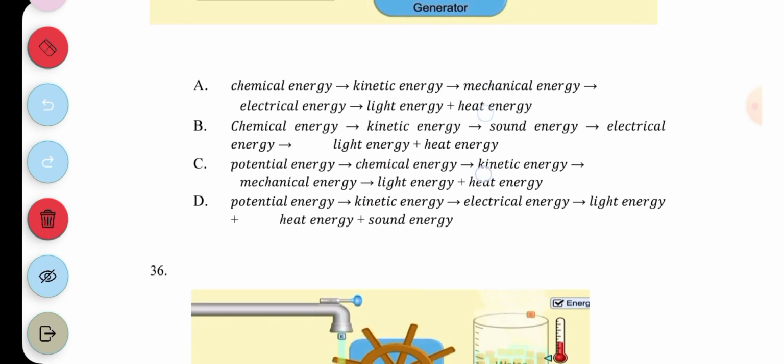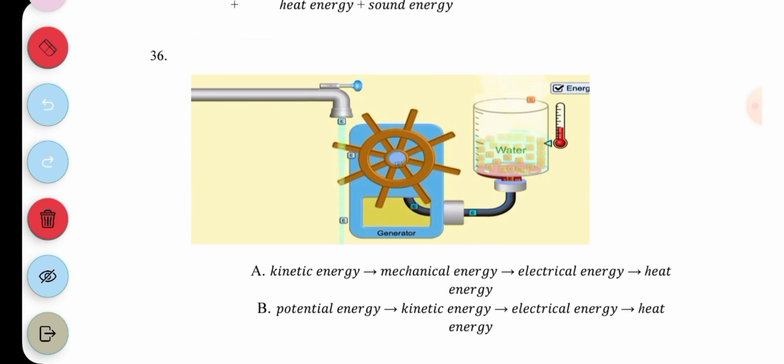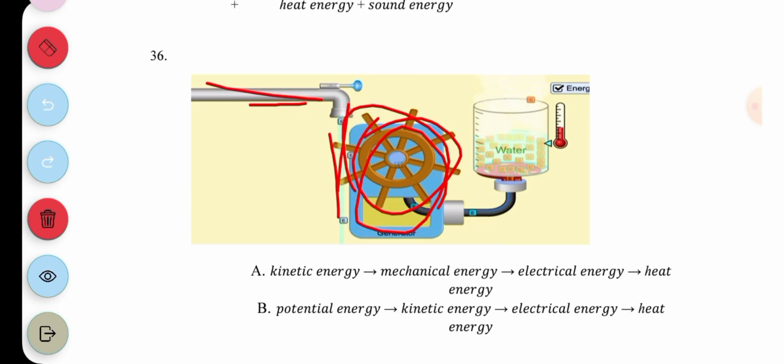Let's look at the next diagram. So we have a tube flowing with liquid, turning this, looks like a radar. Over here, heat is being generated to heat the water. So let's look at question 36. Let's look at the options.